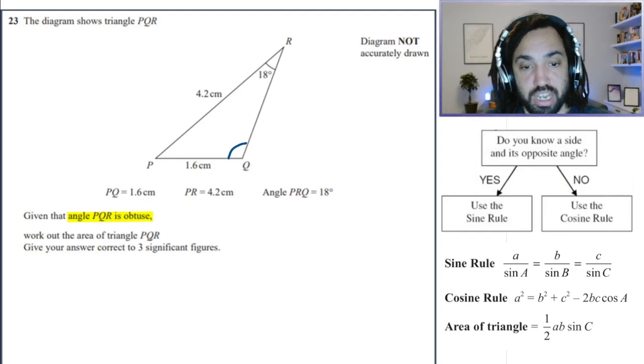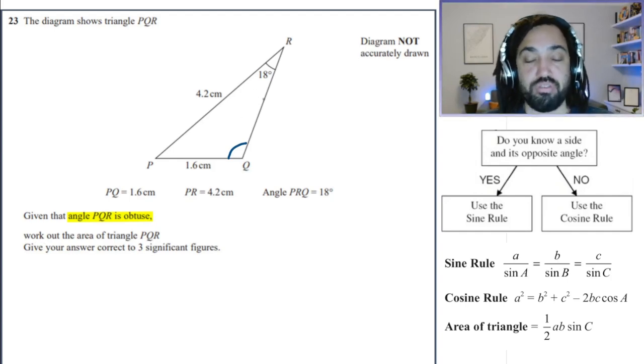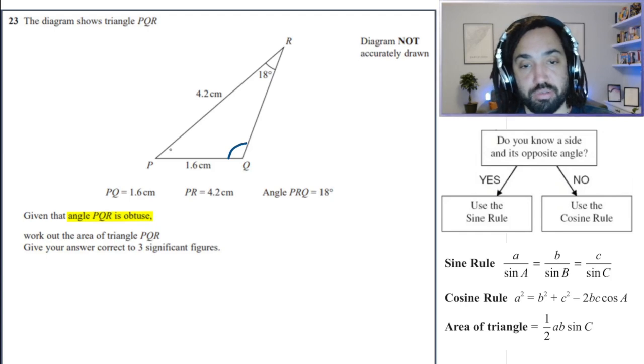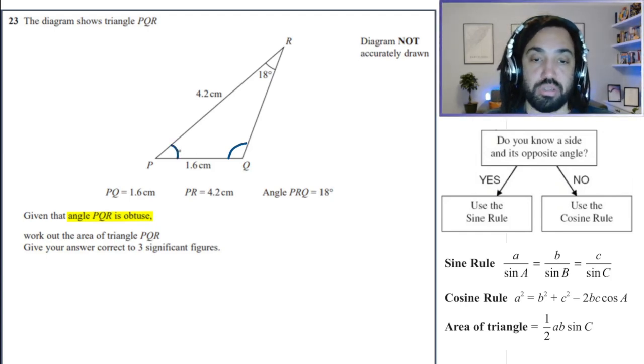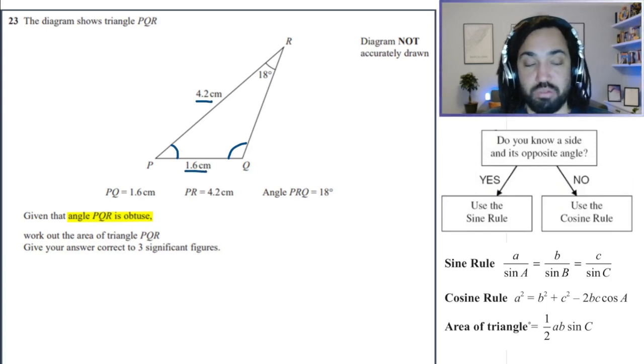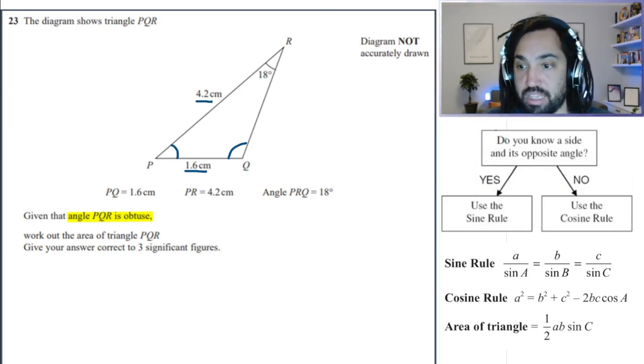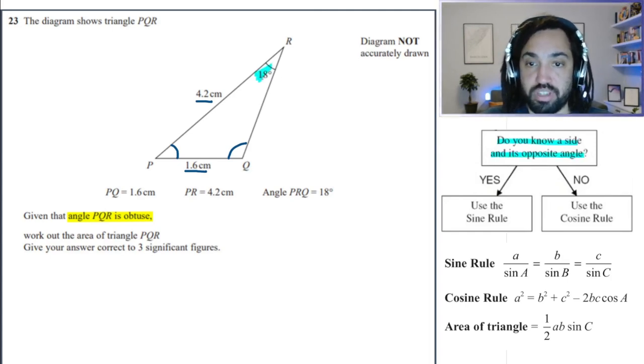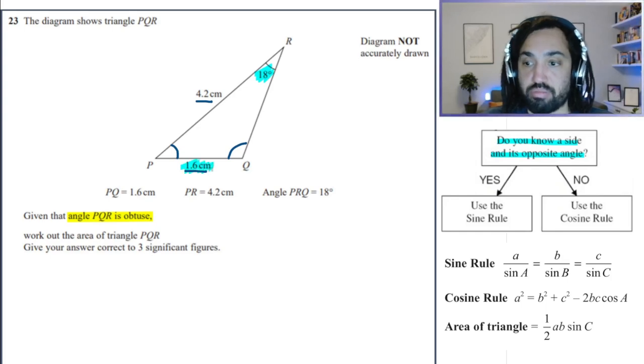It says work out the area of the triangle. Now it would be very helpful if we had this angle, because this angle here is flanked by two sides that we know, which will mean we'll be able to use the area. But we don't have that angle. But what we do have is a side and its opposite angle, because we have this one and we have this.